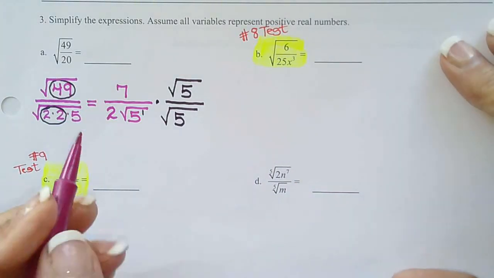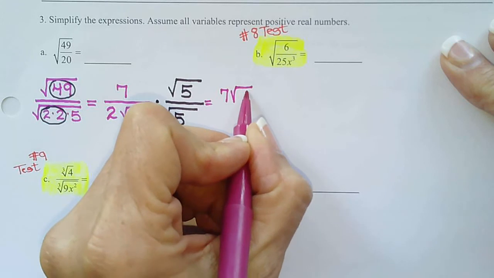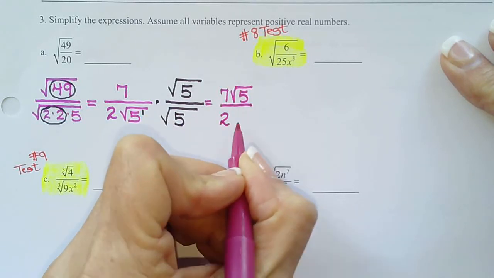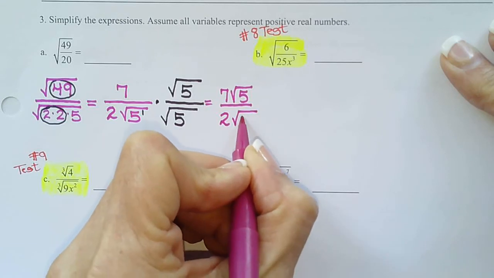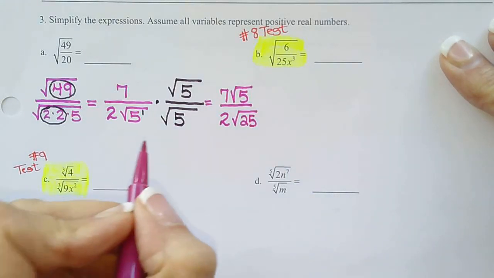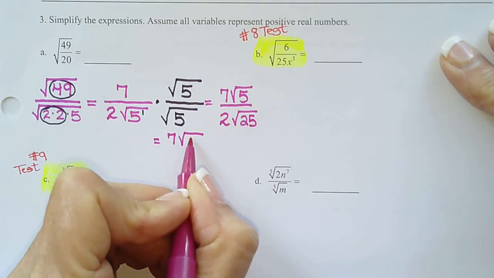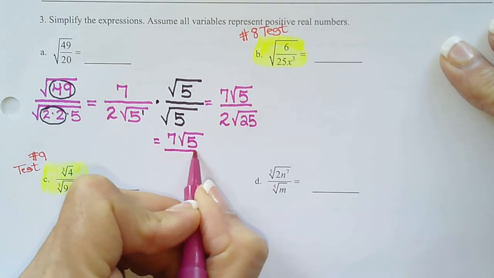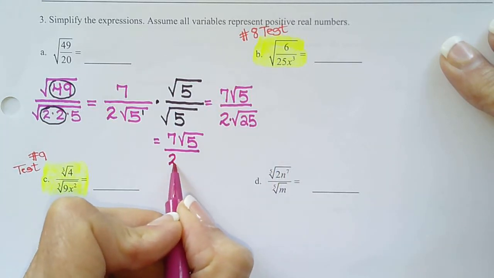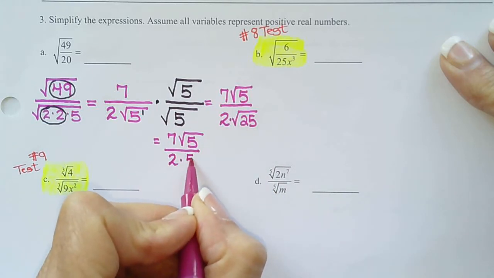So now we have 7 radical 5 over 2, and we can make it radical 25 if we want. And so that turns into 7 radical 5 over 2 times, 2 5s come out as a single 5, so 2 times 5, 10.